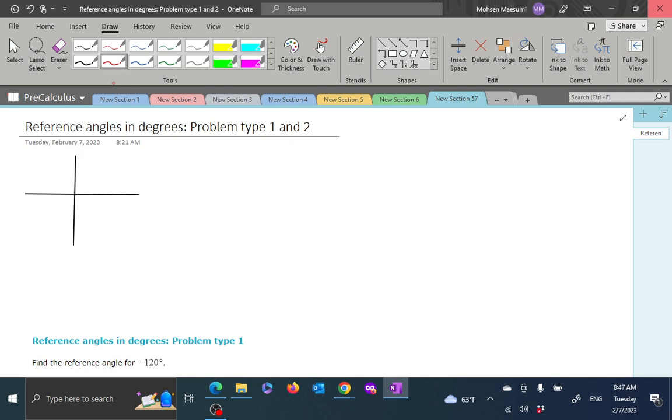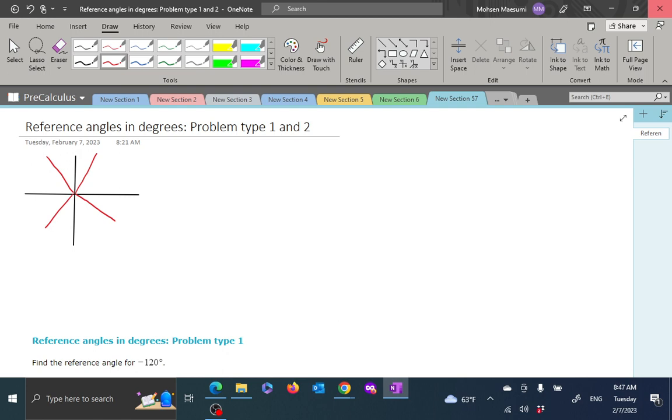This angle can be in the first quadrant, it can be in the second quadrant, it can be in the third or fourth quadrant, and we want to deal with this angle. The angles that are comfortable for us to think about are the ones between 0 and 90 degrees. So we convert our angle to another one which we call the reference angle.